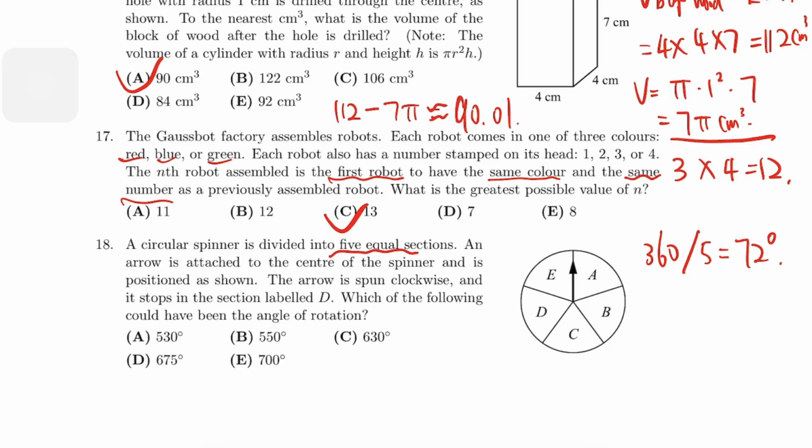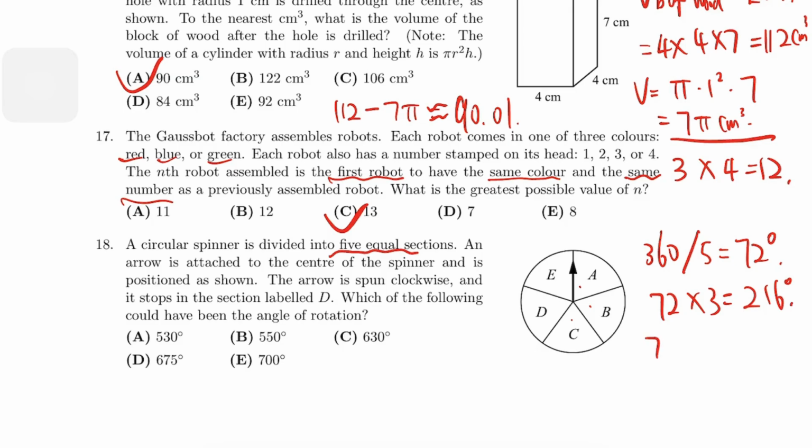It's clockwise, and it stops in the section labeled D, which means it has go through A, B, C sections. It has run 3 sections already, so at least greater than 216 degrees.